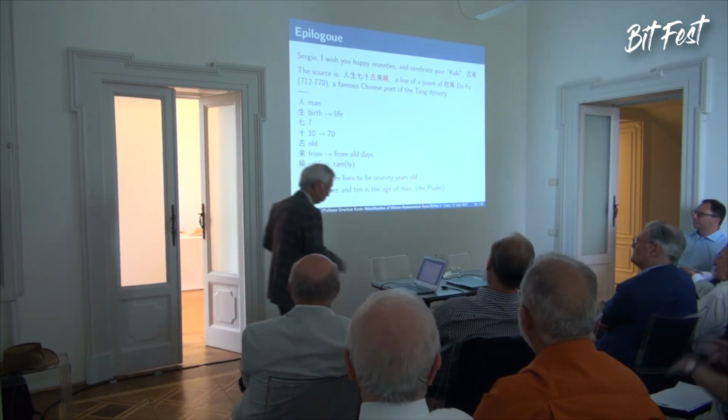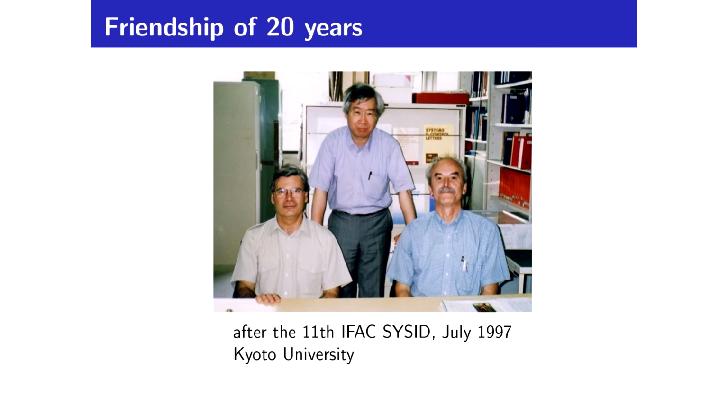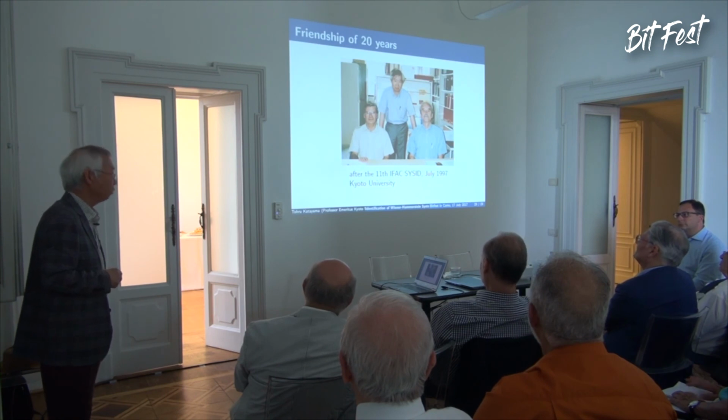Okay, I just found a picture, a friendship of 20 years. This is my office, just after the IFAC Symposium in 1997 at Kyoto University. Sergio was 50, and I was 45. Giorgio is also 55. Okay, thank you very much.